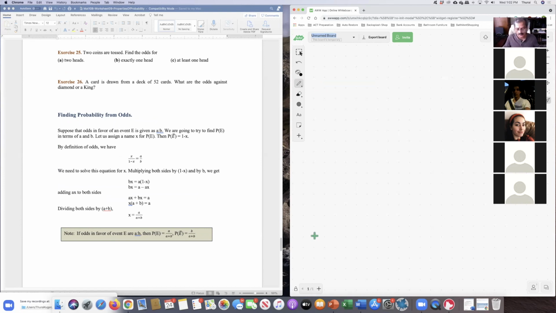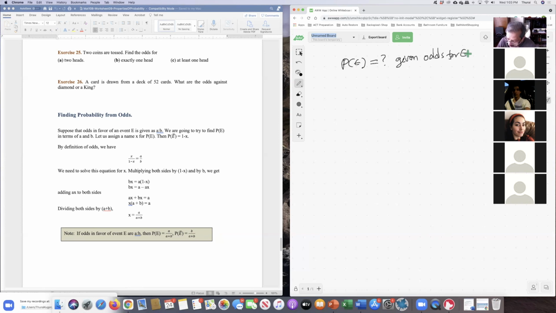We have seen how to find odds when the probability is given. We have to go backwards now. So probability of E is the question, given odds for E. So odds for E is given as a ratio.